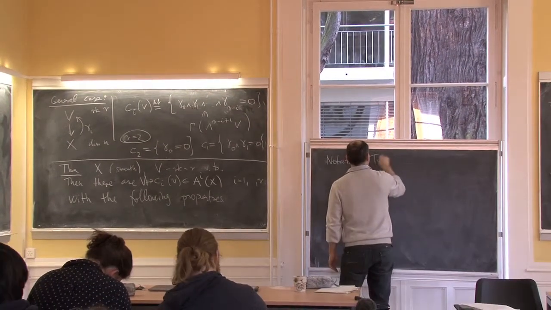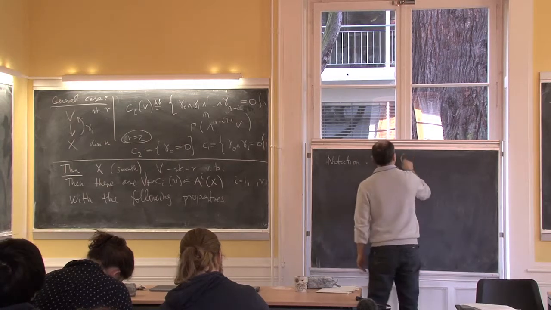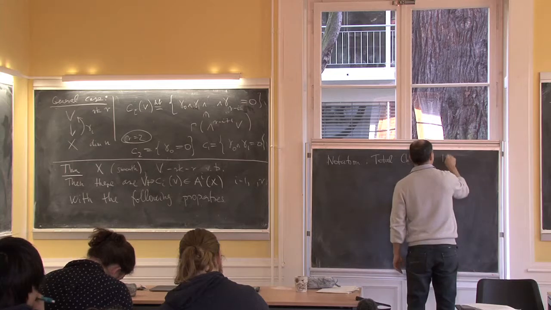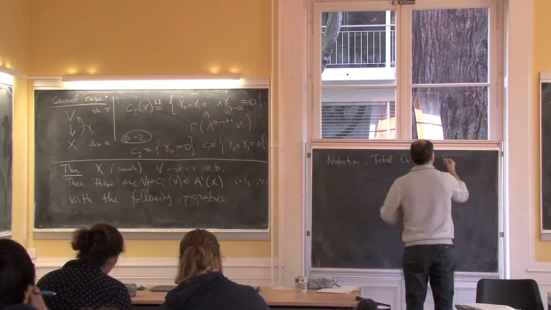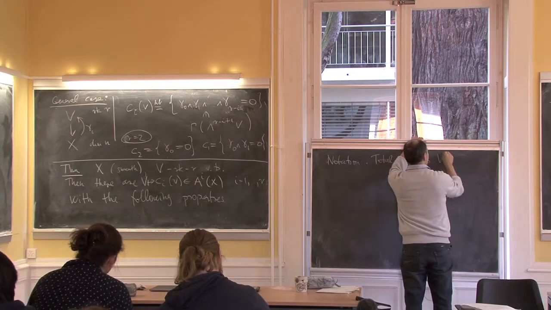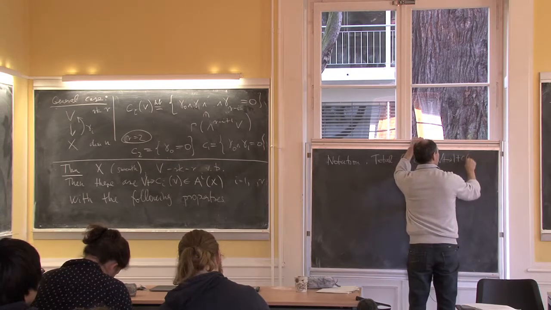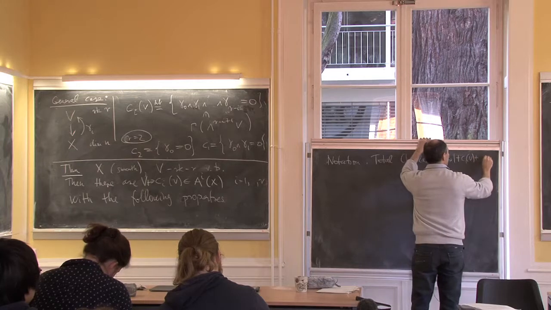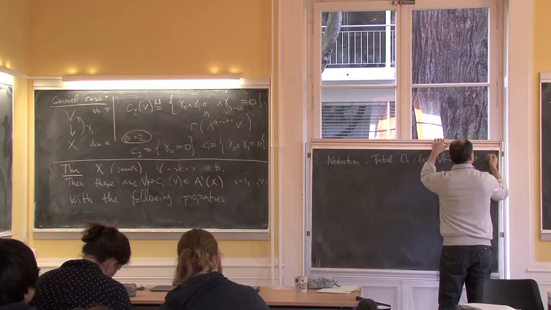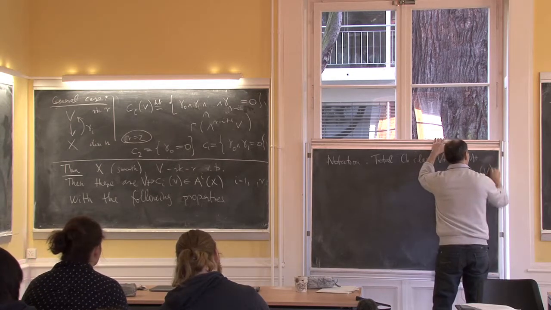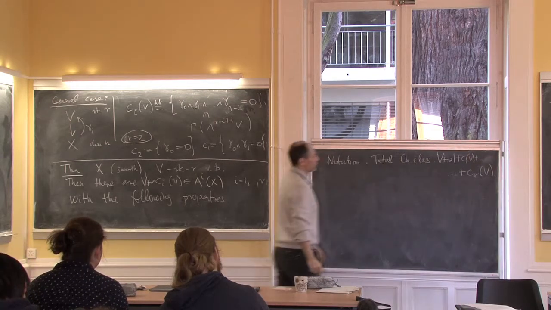The total Chern class. I can just put them into a formal series: to V, I associate 1 plus C_1(V) plus etc. plus C_R(V). So I just put them into a generating series.